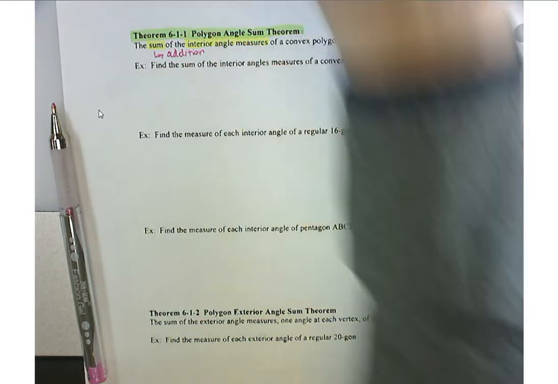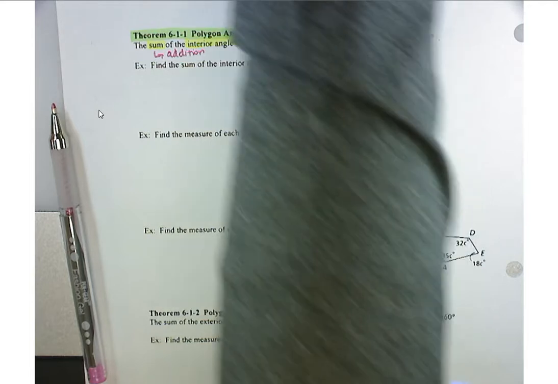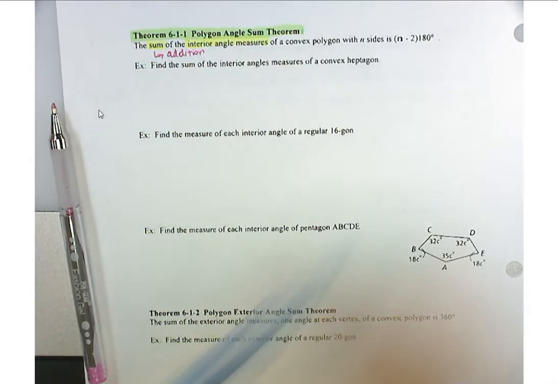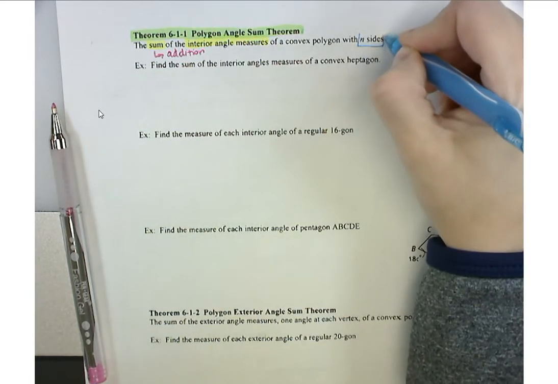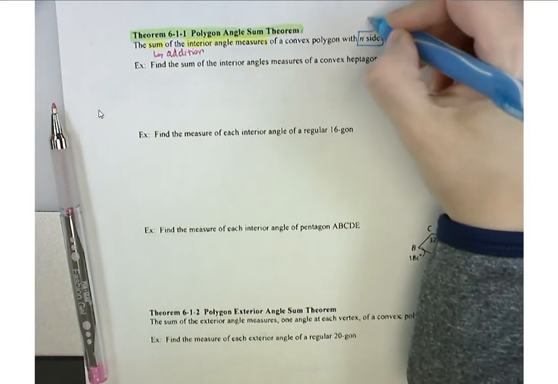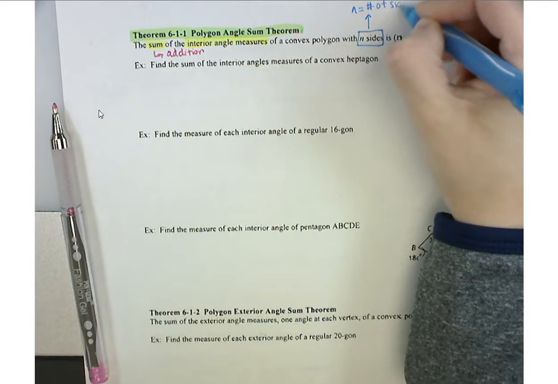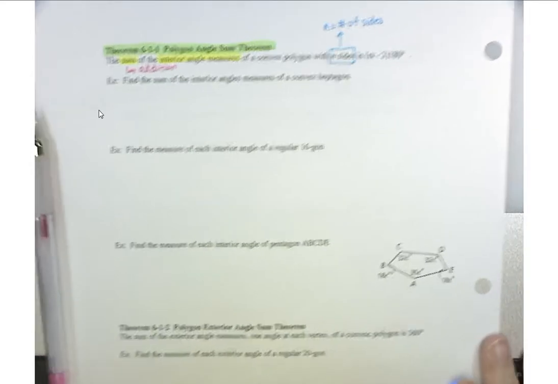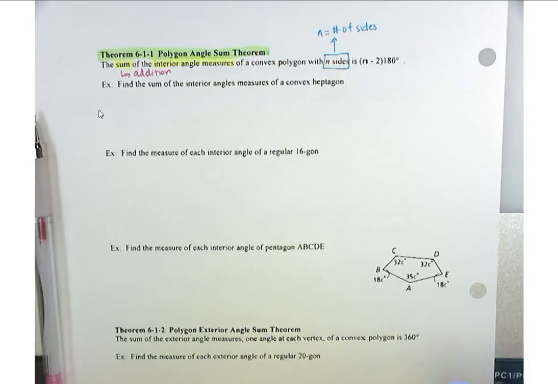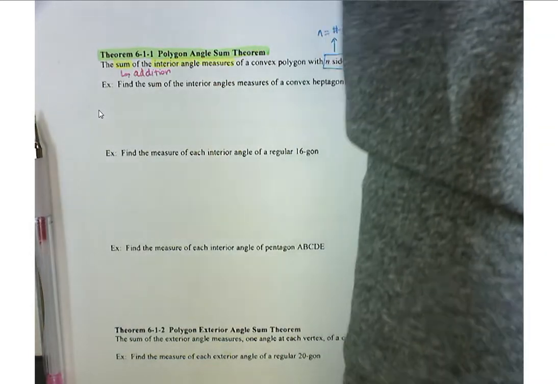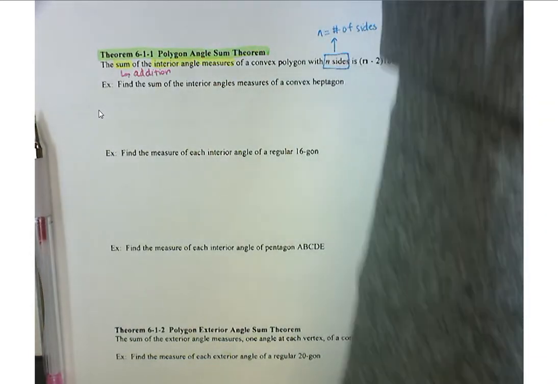We have to understand what the n means, though. So if there are n sides, we can just say n equals the number of sides, and then we have an equation.